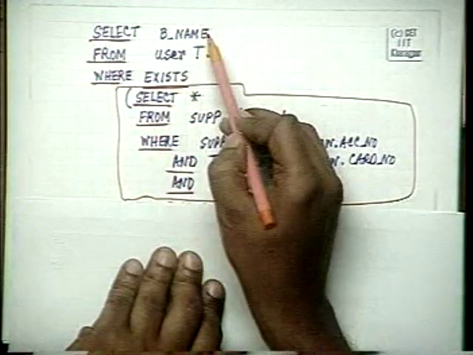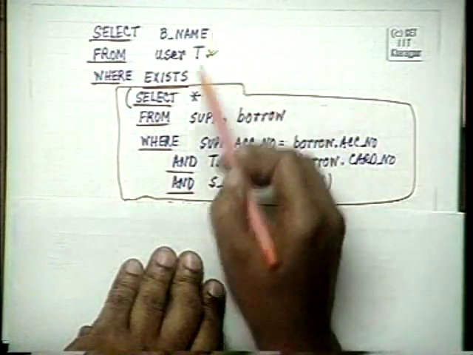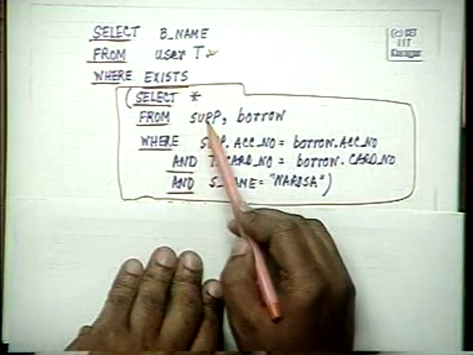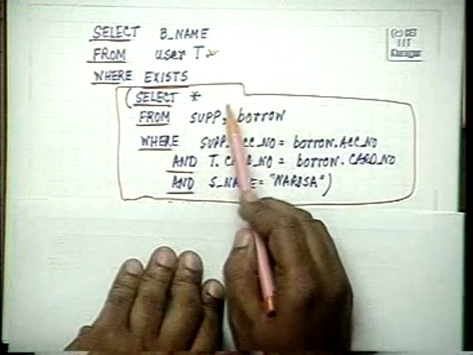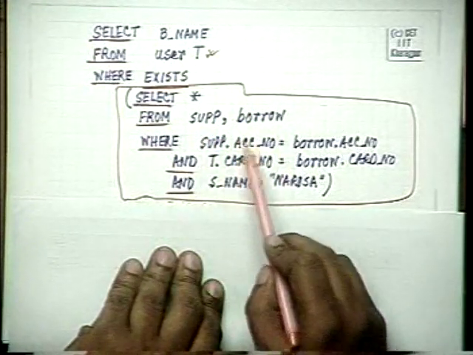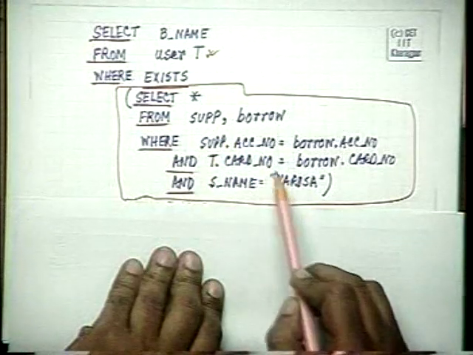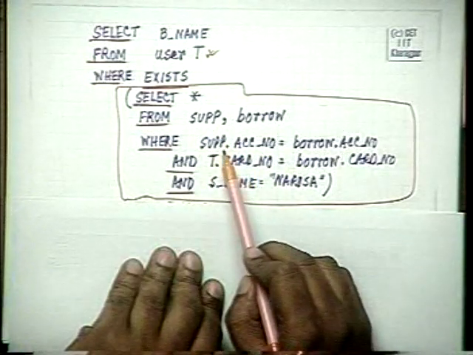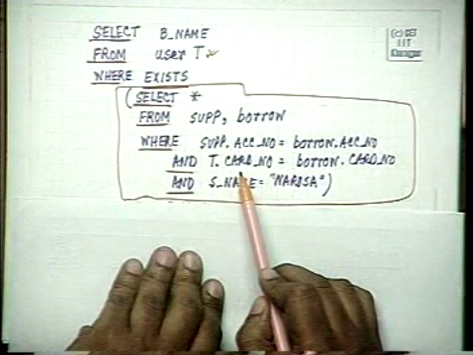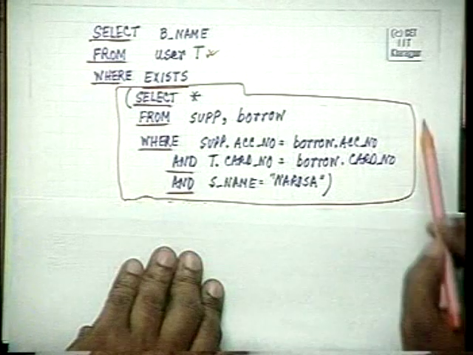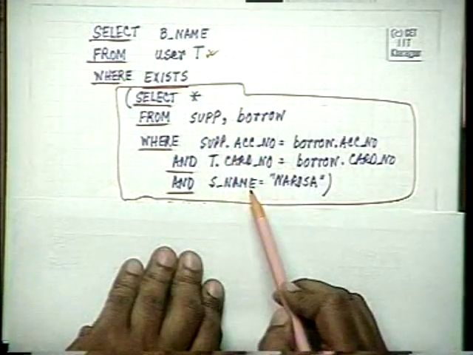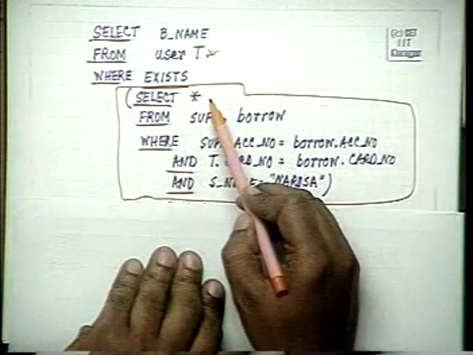This will return the set of all tuples of supplier cross borrow such that Narosa has supplied a book which is currently issued to Vijay. If Ajay is there, then Narosa must have supplied a book corresponding to Ajay. Only then will something come up here.